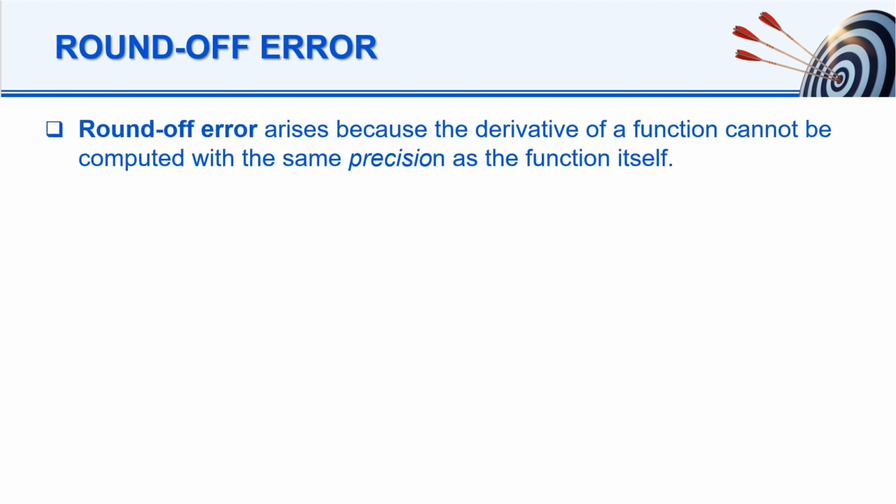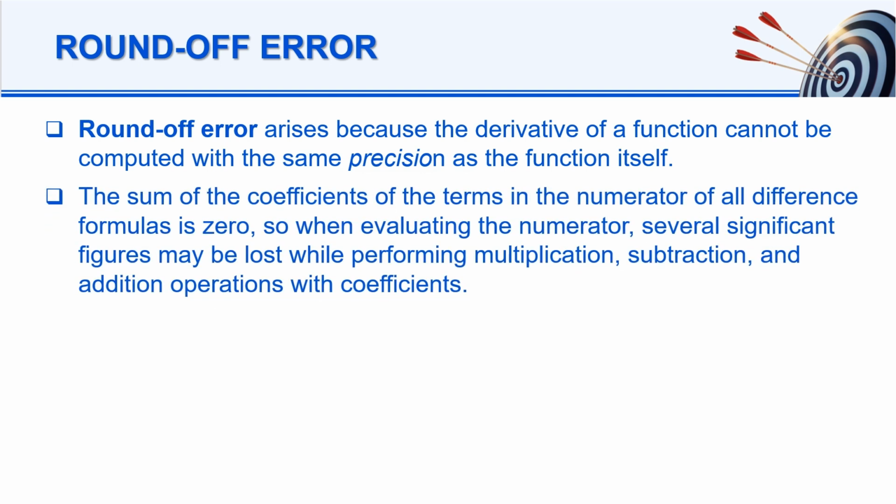Round-off error arises because the derivative of a function cannot be computed with the same precision as the function itself. The sum of the coefficients of the terms in the numerator of all difference formulas is 0, so when evaluating the numerator, several significant figures may be lost while performing multiplication, subtraction, and addition operations with coefficients.